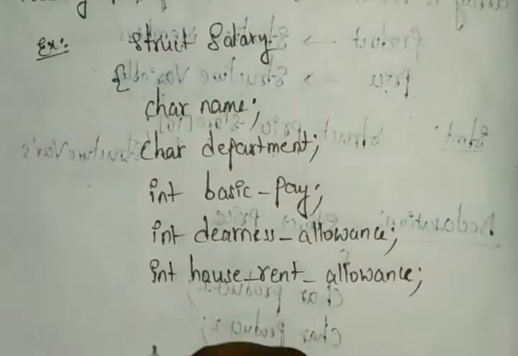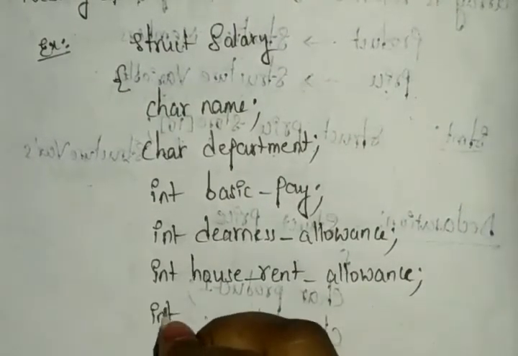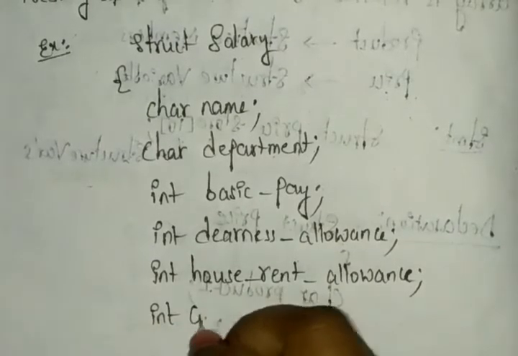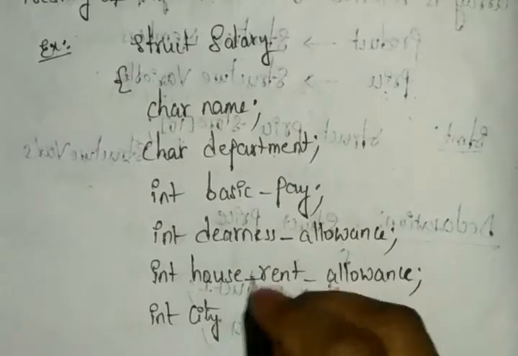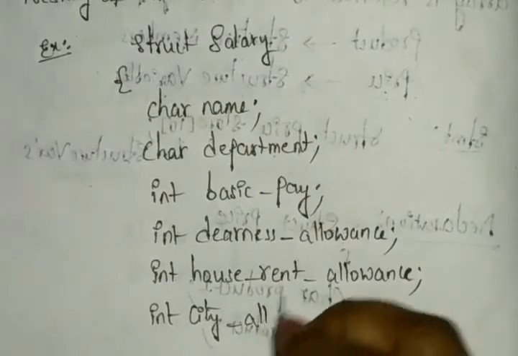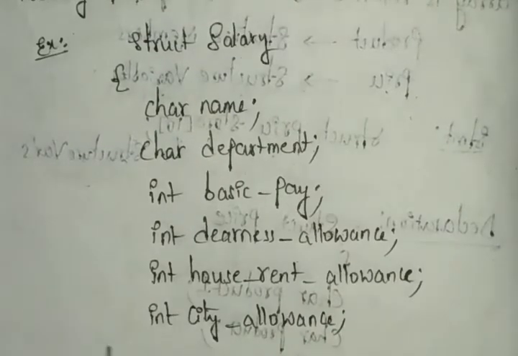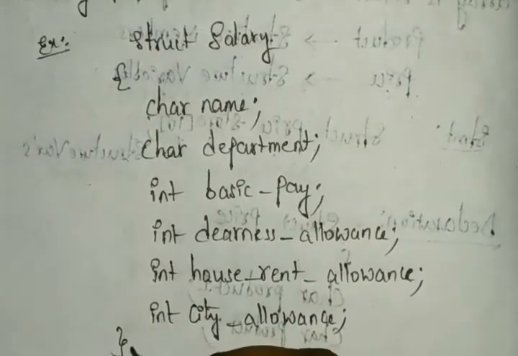Also the person has int city, meaning where that person is located, the city allowance. So you can see the word allowance appears three times.